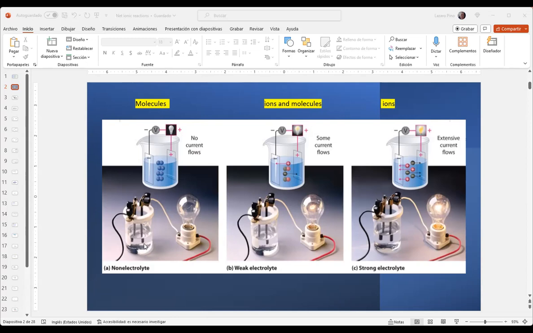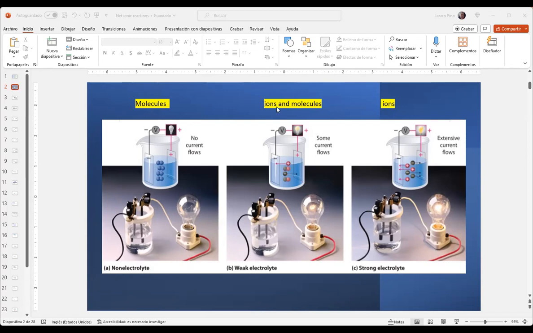When we introduce the electrodes into the solution, and the solution is a non-electrolyte, it means that the liquid is made of molecules, no current flows, and the bulb is not lit. Molecules don't conduct electricity.